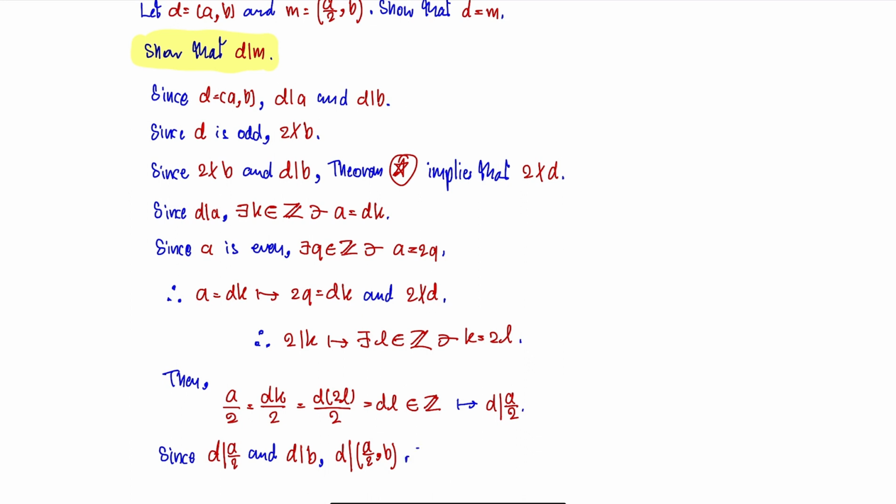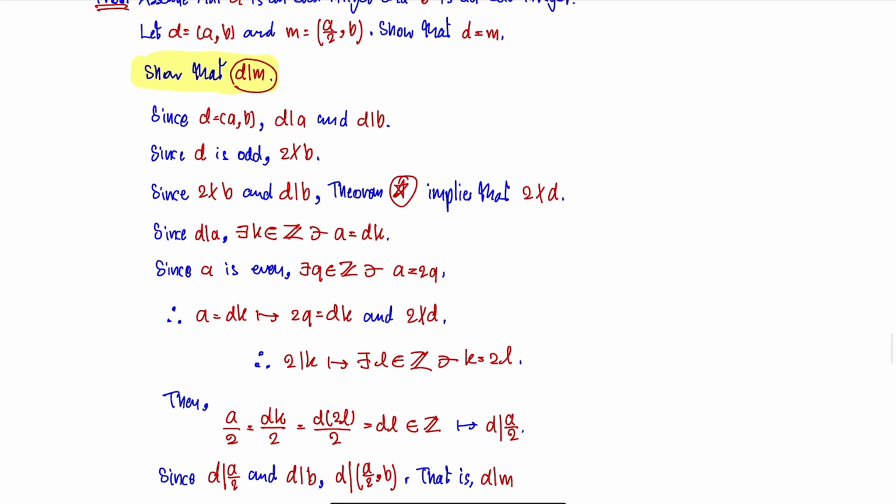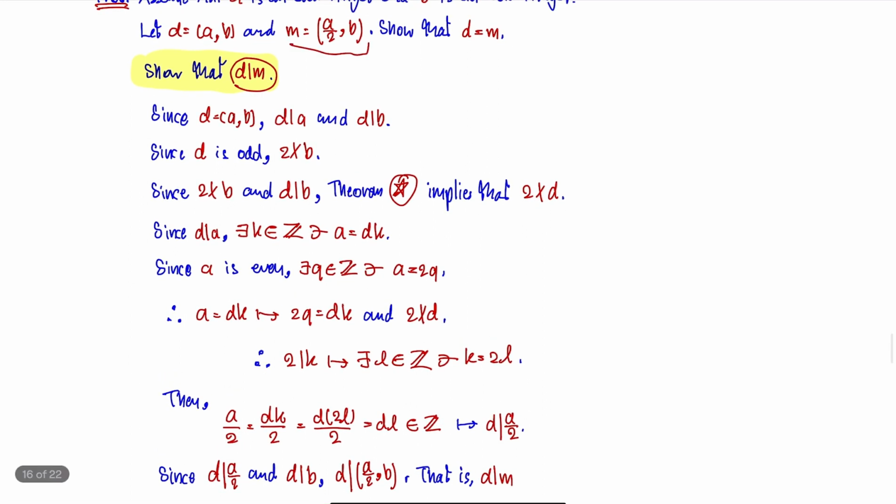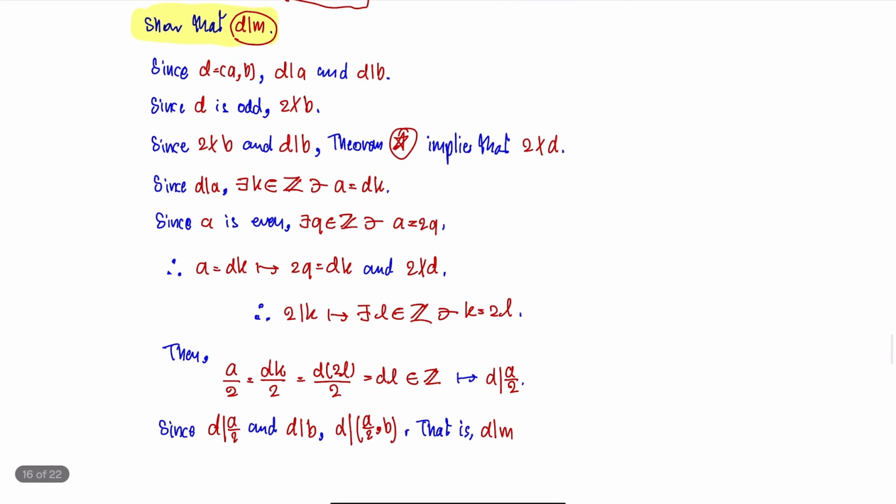That means that d divides m, where m is the greatest common divisor of a over 2 and b. Right now we have d divides m. So we keep this one right here.